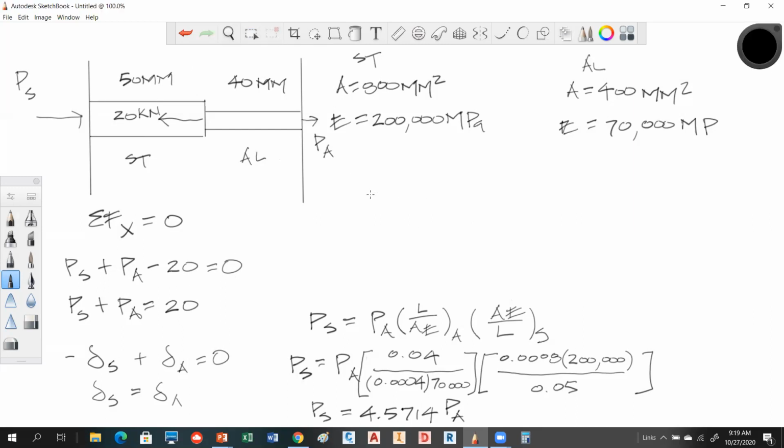So we know that P of the steel plus P of the aluminum has to equal 20 kilonewtons. That's coming from our statics. And we know that P of the steel is 4.571 PA.